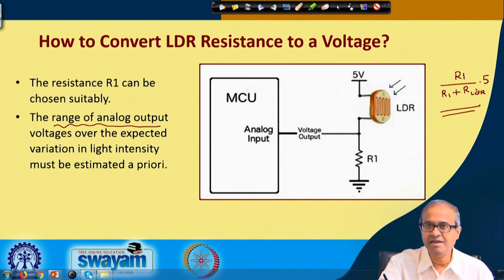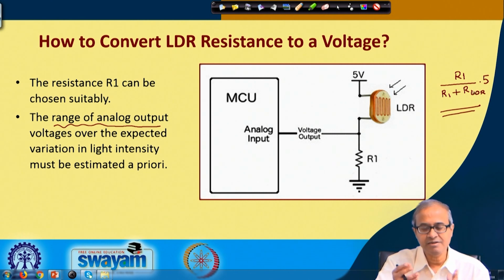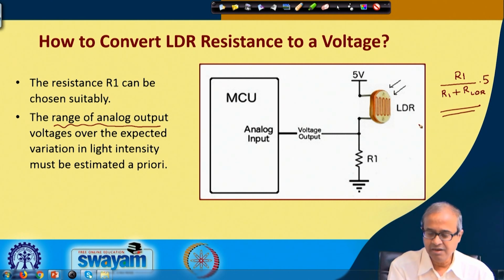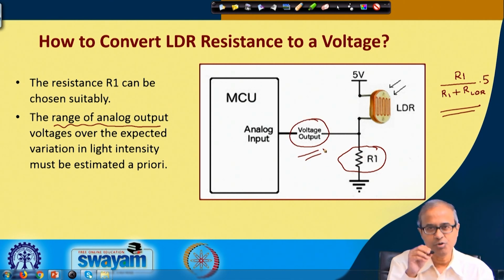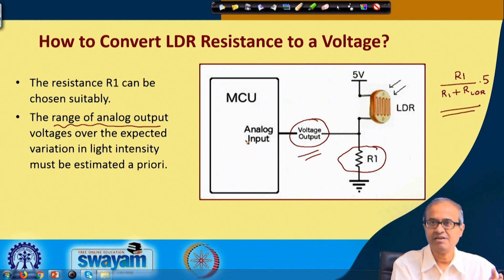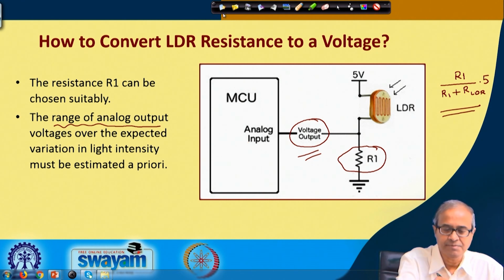So, this R LDR value is changing. Accordingly you will have to choose the value of R1, so that the change in the voltage output is significant. So that you can read this analog input in the microcontroller and take a decision what to do with that, right. Okay.